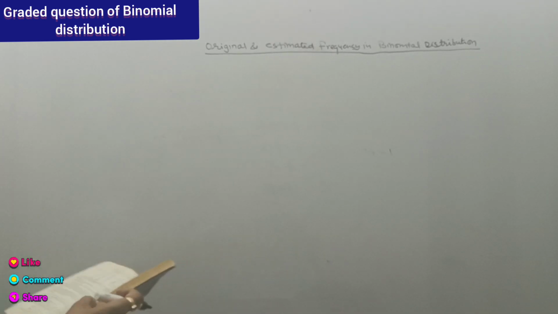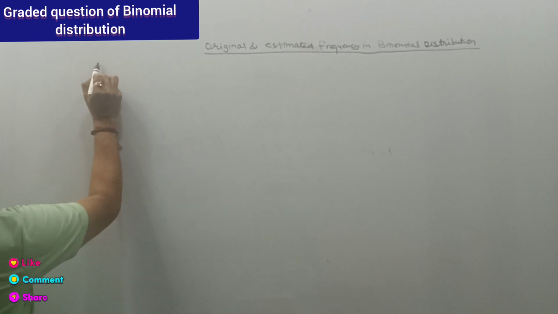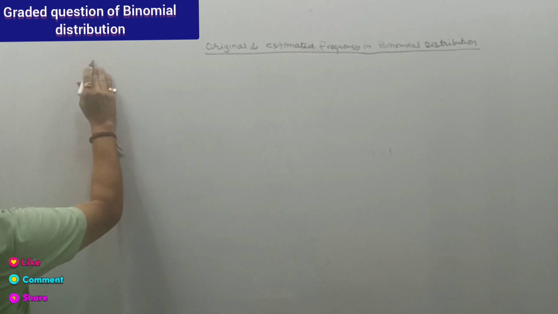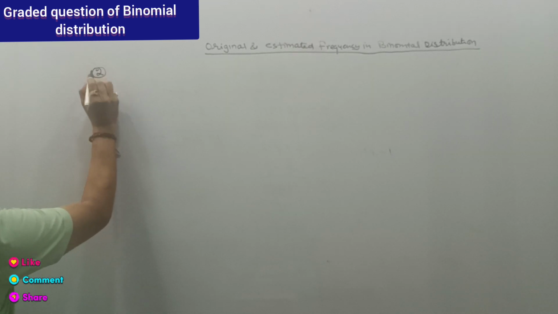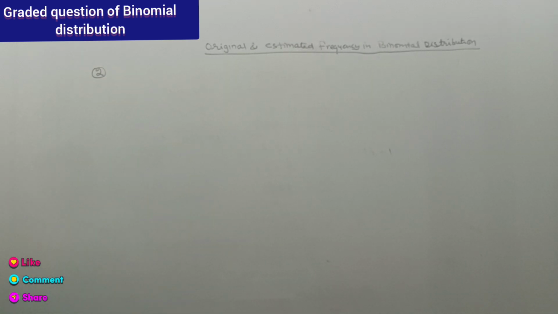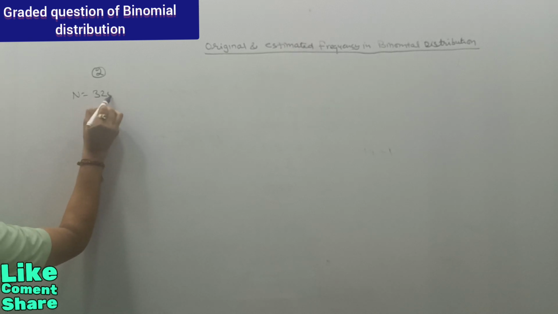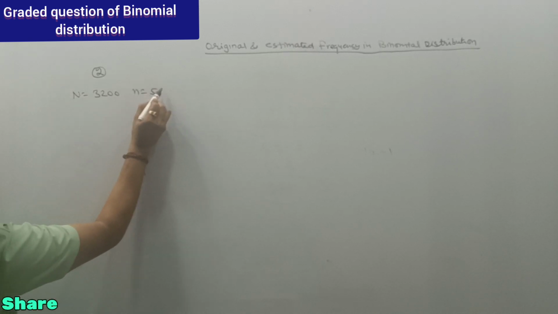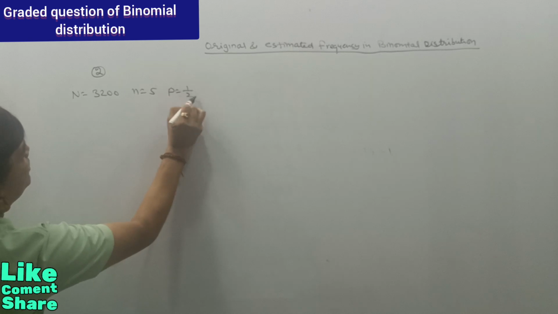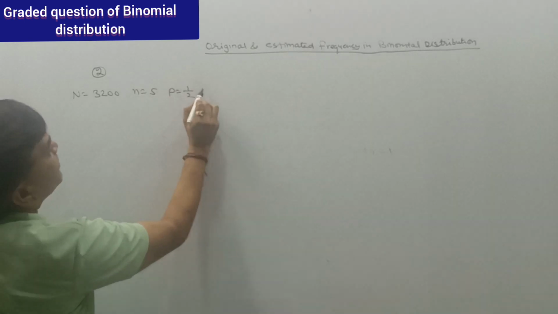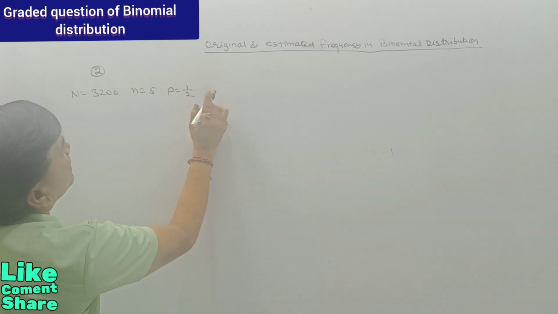This is question number 2. 5 coins are tossed 3200 times. The probability of getting a head and the probability of getting a tail is 1/2.